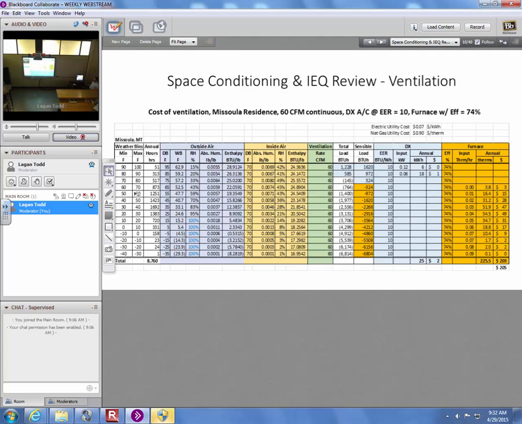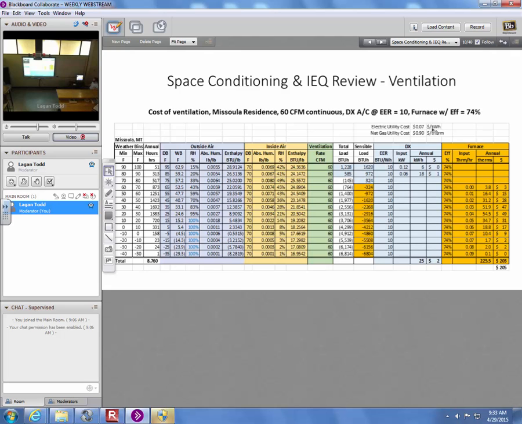But as soon as that outside air gets below 70, then we have to heat it up to 70. And when it's really below 70, like down here at negative 25 or 35, in Missoula we only have 1 hour of the year, typically, when the air temp is that low. But now we've got 60 CFM and a much bigger delta T, and so that's the biggest heating load we're going to see. So you sum all these up and you multiply by utility rates.